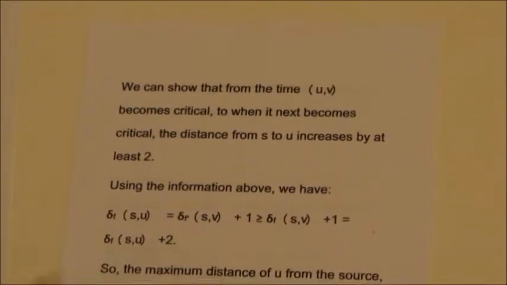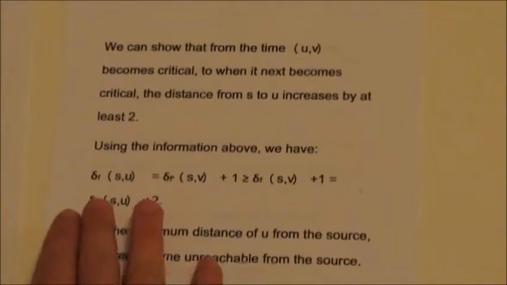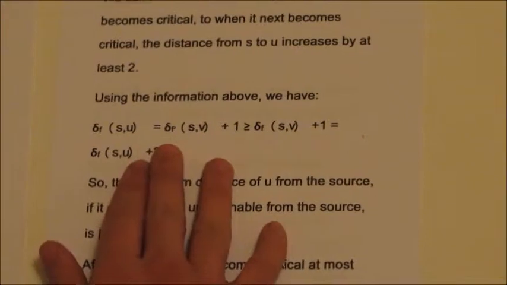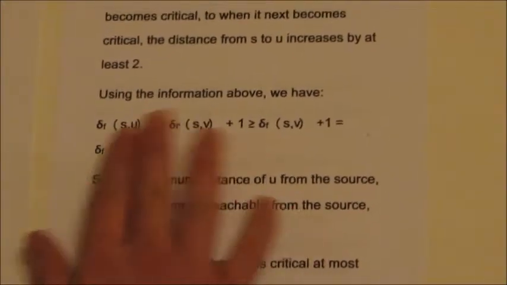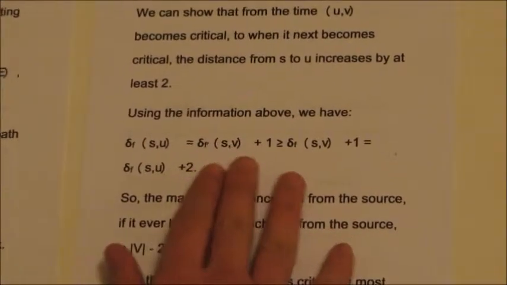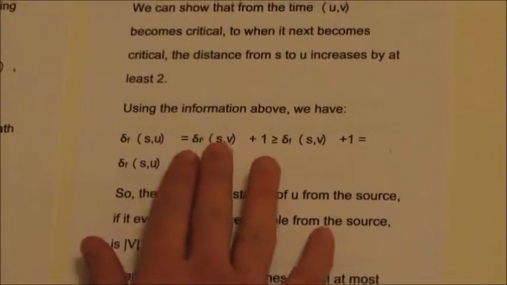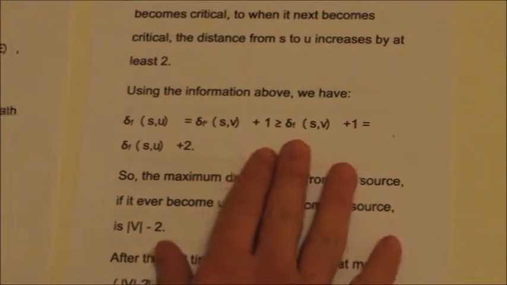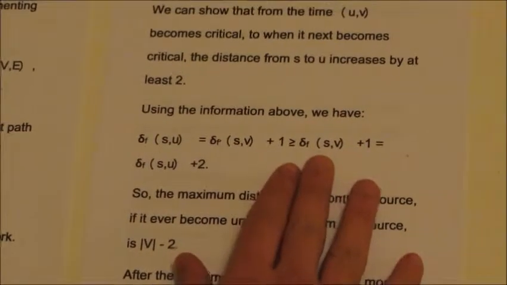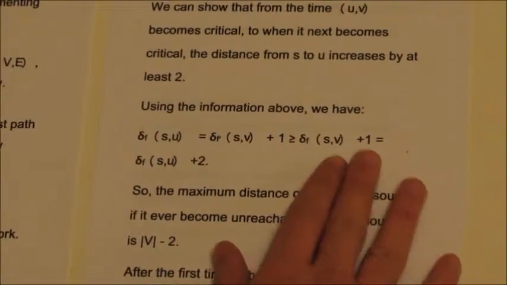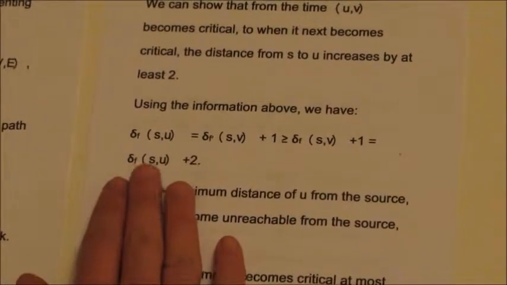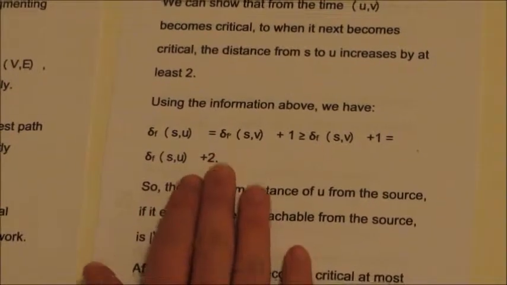Using the information from the previous slide, we have that the shortest path in the residual network from S to U is equal to the shortest path from S to V plus 1, which is greater than or equal to the shortest path in the earlier residual network from S to V plus 1, which equals the shortest path in that network from S to U plus 2.